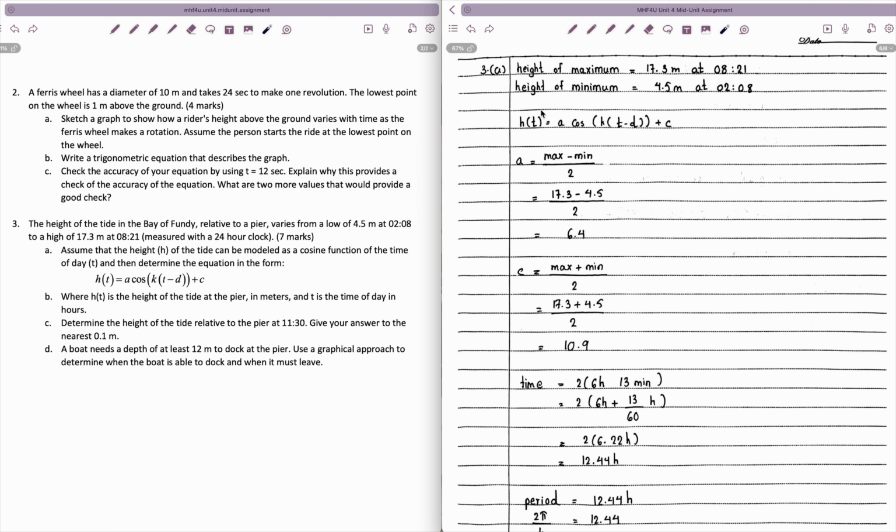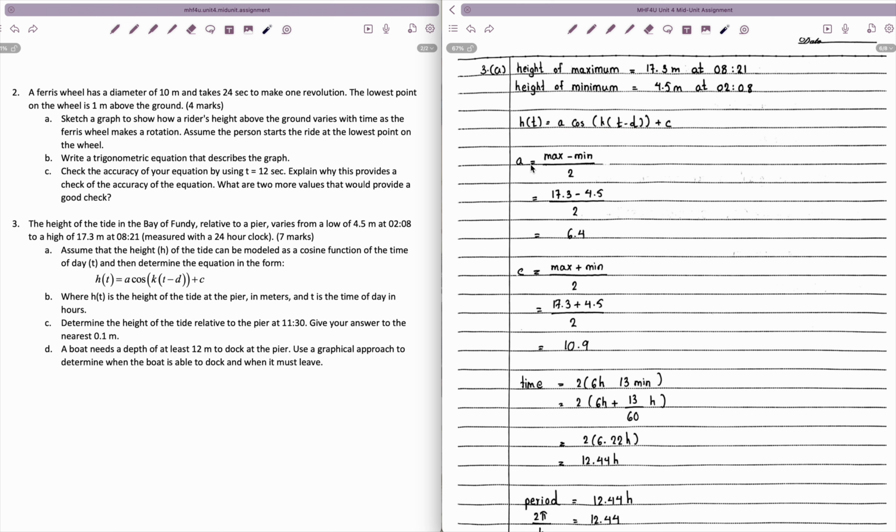For part A, it is assumed that the height can be modeled as a cosine function of the time of day, and we determine the equation in the form h of t equals a cos k into t minus d plus c. So here is the given equation, and we'll find a, k, d, and c.